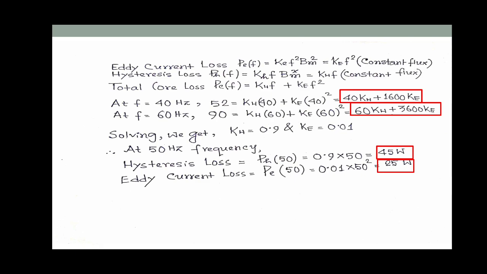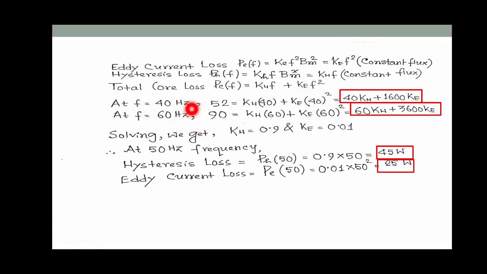So we have all seen that the eddy current loss can be derived as this, considering the other parameters as constant, and for constant flux as mentioned in the question, it will only be proportional to the square of the frequency, and similarly the hysteresis loss will be directly proportional only to the frequency. So here both eddy current loss and hysteresis loss, and as a whole the entire core loss, will be a function of the frequency only.